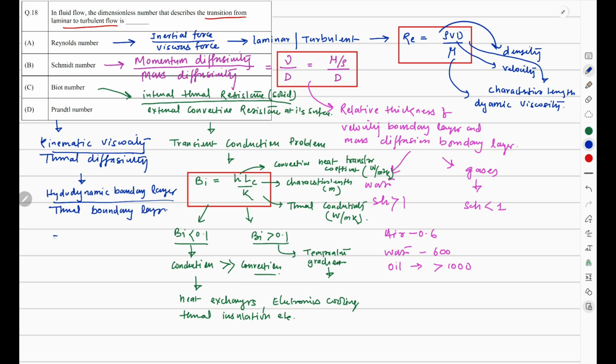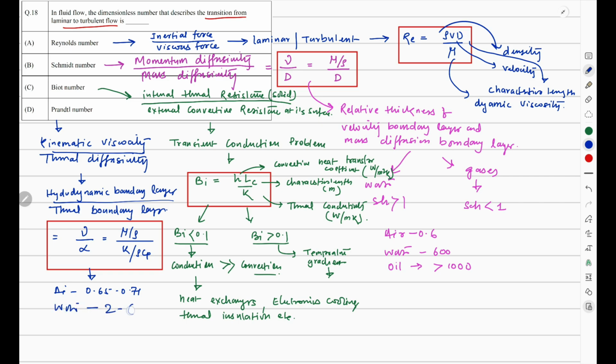For the ratio, we can write kinematic viscosity, that is nu, by thermal diffusivity, that is alpha. We can also write kinematic viscosity as mu by rho, that is dynamic viscosity by rho, and alpha as k by rho Cp. For practical application, air has a Prandtl number of 0.65 to 0.71, and water has 2 to 6.